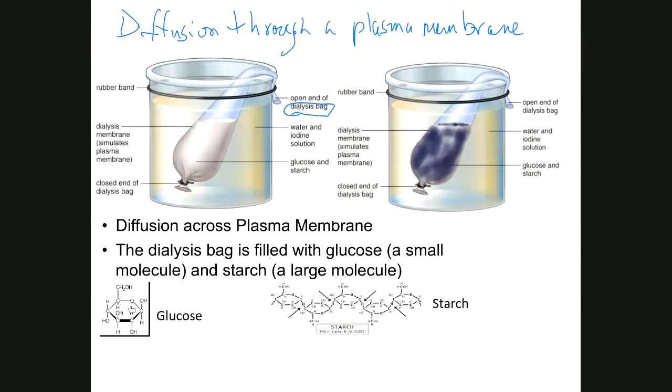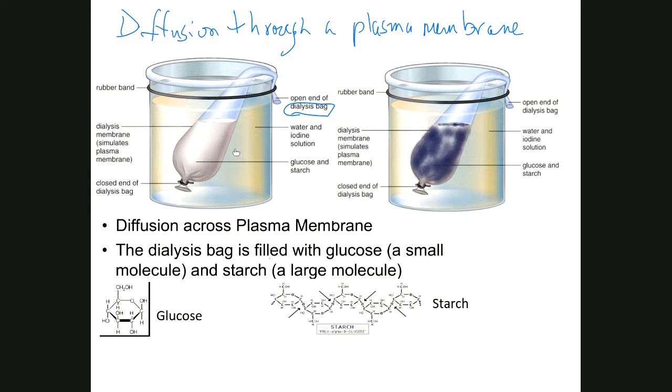So here's a picture of a glucose molecule. It's a simple and small molecule made up of carbon, hydrogen, and oxygen. And it forms this nice little ring because of the bonds between the carbon and oxygen. And it stays at that size.